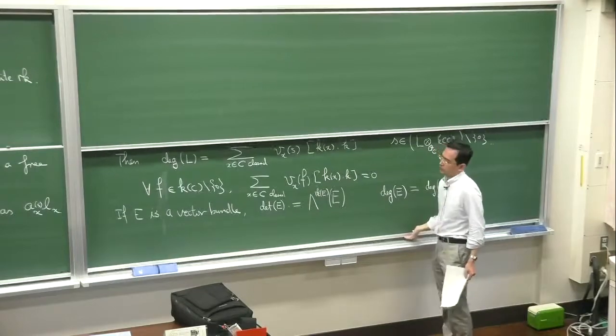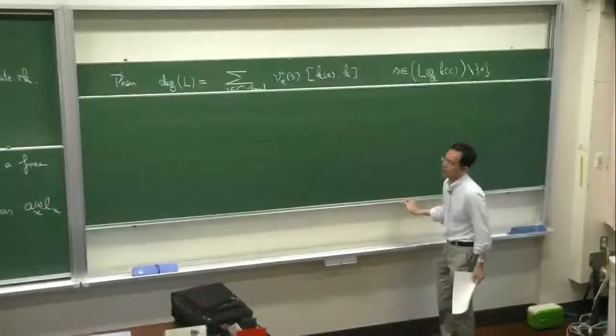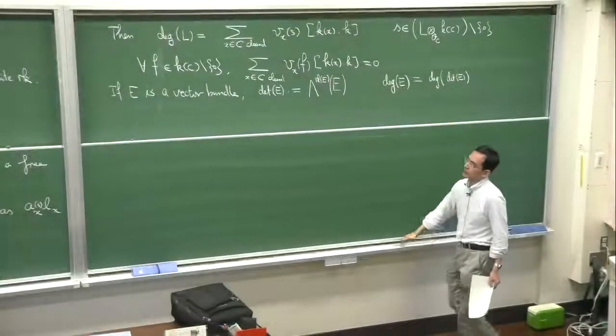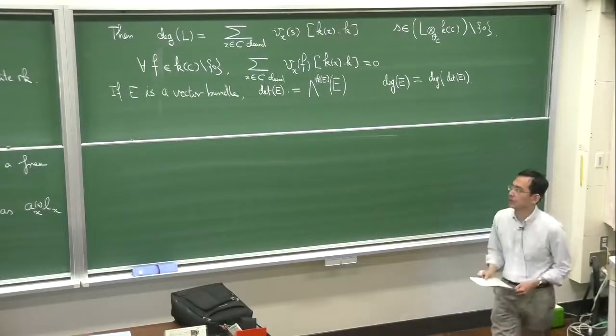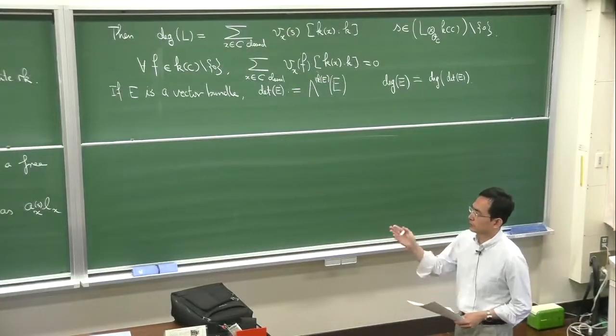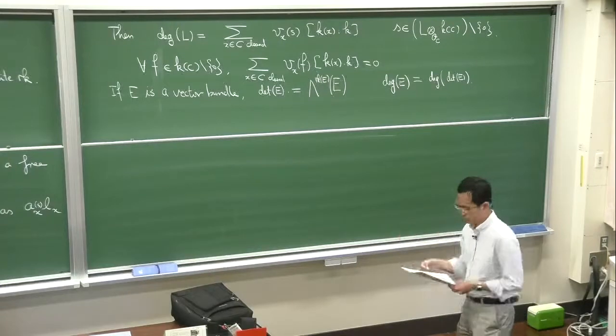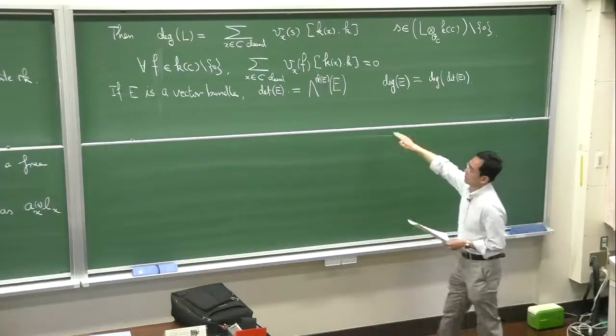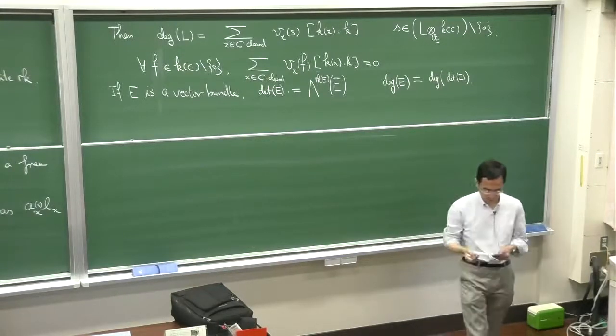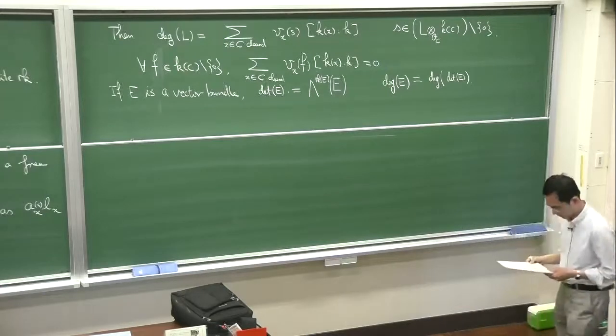So you have some notions which are very similar to the case of adelic vector bundles over Q. You also have the notion of degree, which is also linked to the determinant of the vector bundle.